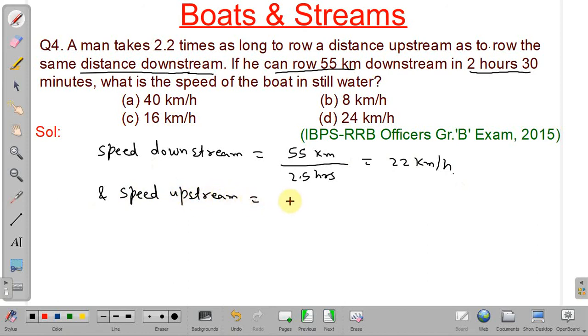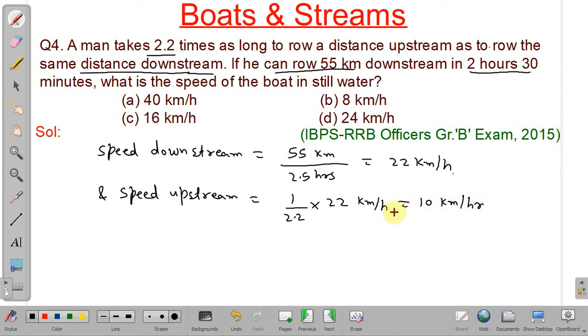It will be equal to 1 by 2.2 times, because the ratio of time is 2.2. So the speed ratio will be 1 by 2.2 into the downstream speed, that is 22 kilometer per hour. So it will be equal to 10 kilometer per hour.